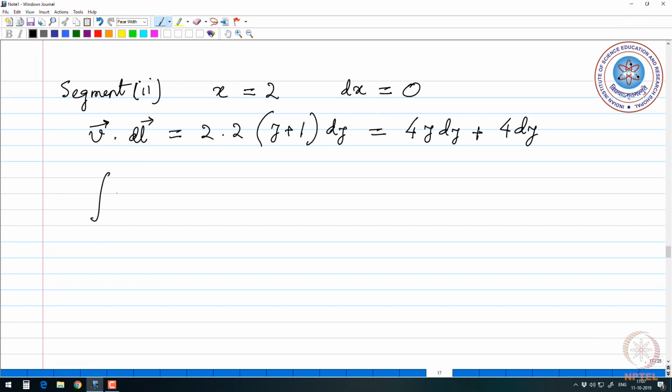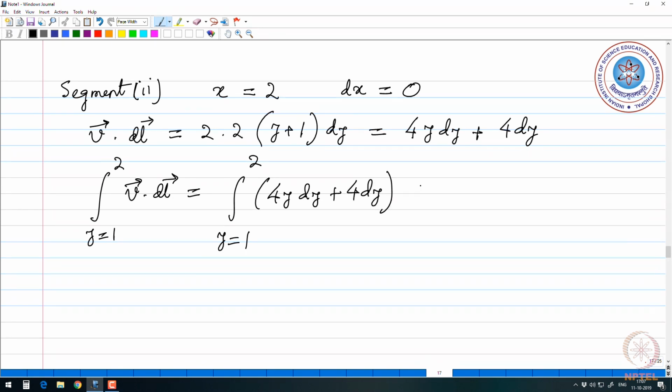So, integration over y equals 1 to 2 of v dot dl equals integration y equals 1 to 2 of 4y dy plus 4 dy, equals 4y squared over 2, the limit being 1 to 2, plus 4y, the limit is 1 to 2.